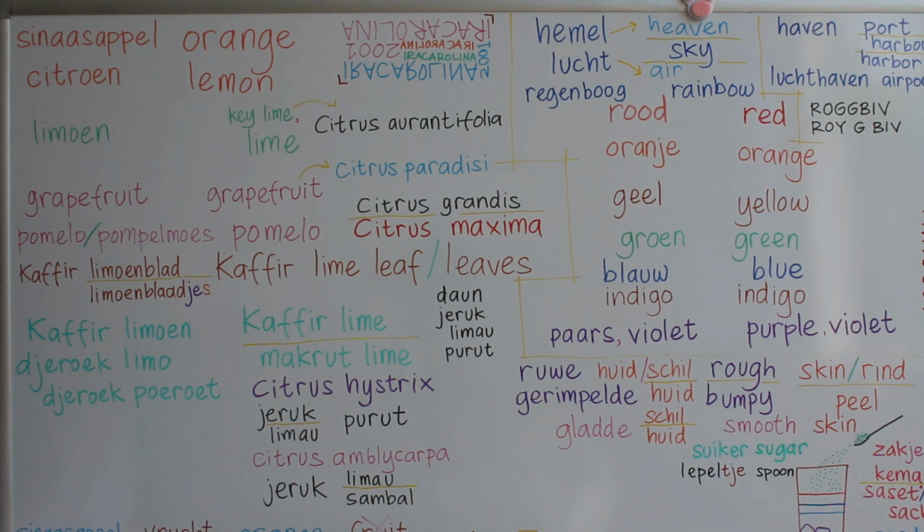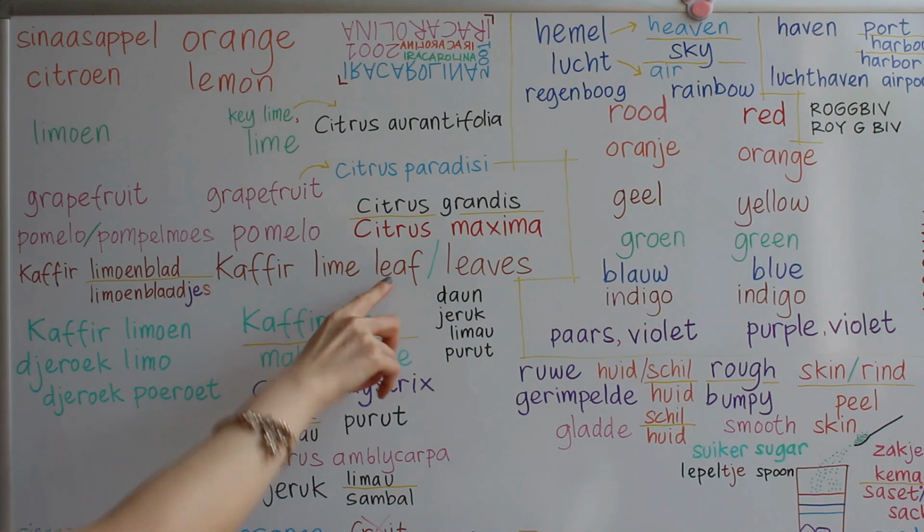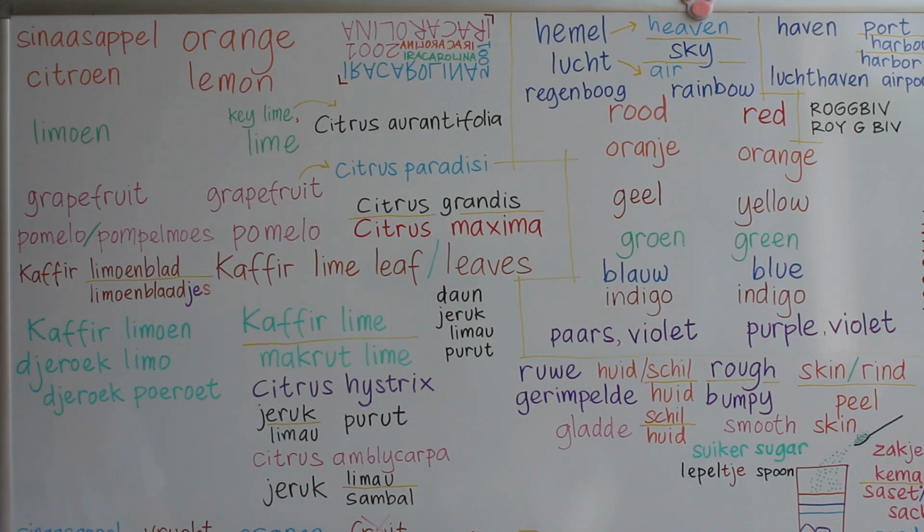There's an interesting thing in Dutch. Sometimes you say jeruk purut and they give you the leaf instead of the fruit, because they have been using this for years. When they want to call the leaf or leaves, they call it jeruk purut.